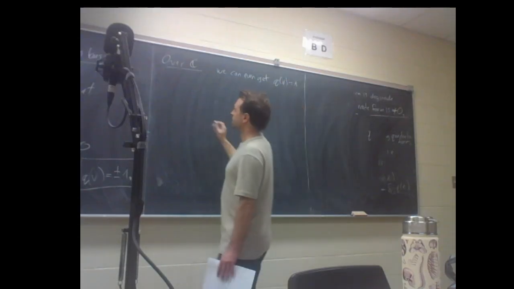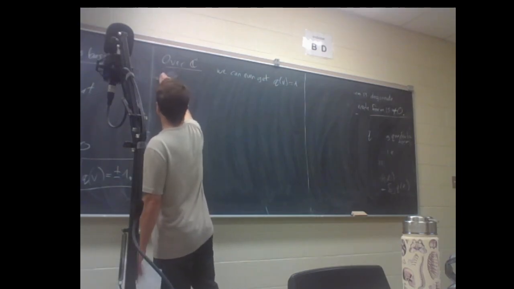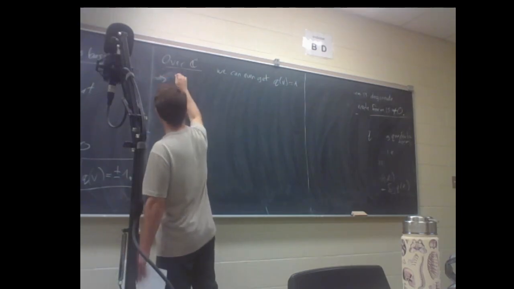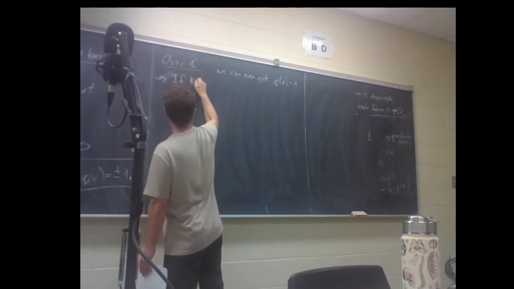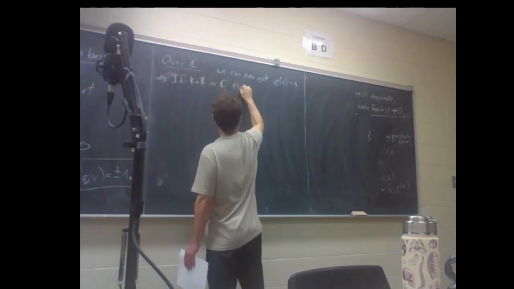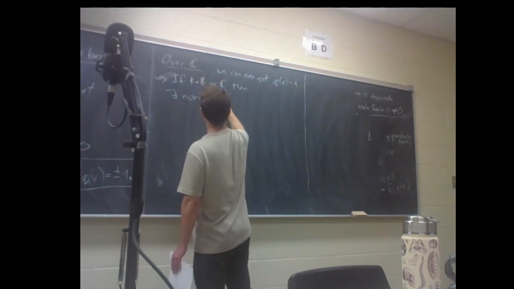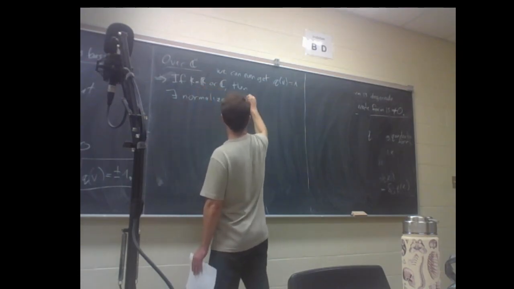And so the conclusion is, if K is R or C, then there exists what I'm going to call a normalized Q basis.